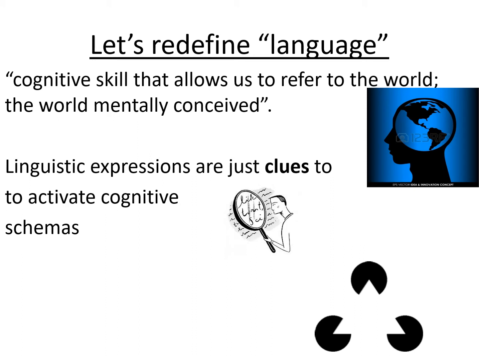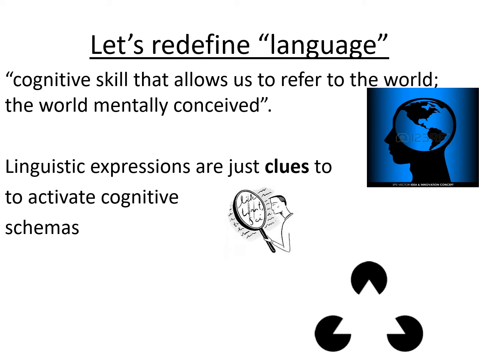From this perspective, then, we can say that language is, again, a cognitive skill. And this particular skill, unlike others that we mentioned before, like memory, imaging, and things like that, allows us to refer to the world that we have around us. Not necessarily the real world exactly, but at least the world that we perceive, again, concepts.